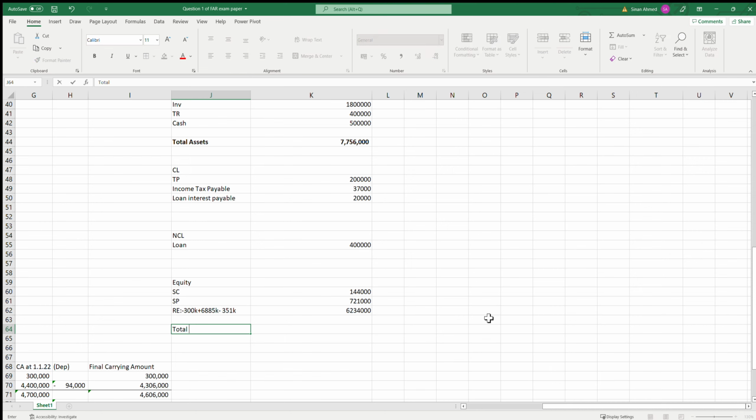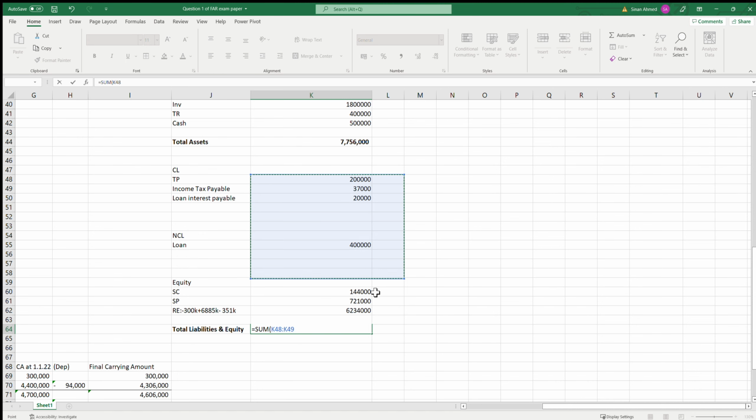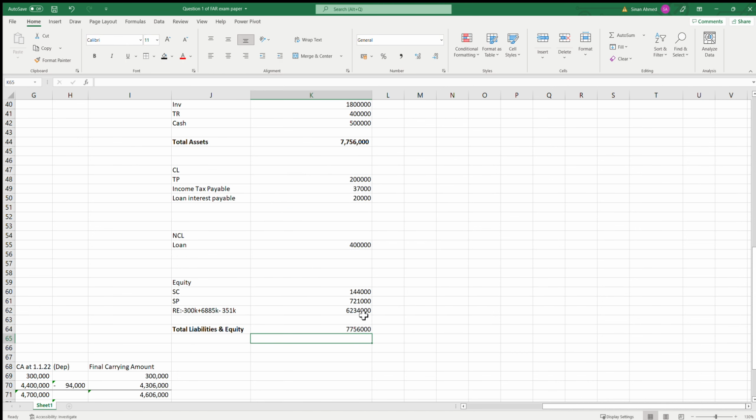So total liabilities and equity. I'm just going to put that there. And then we're going to put sum. Yeah, you got it to balance. Okay, cool. So it does balance.